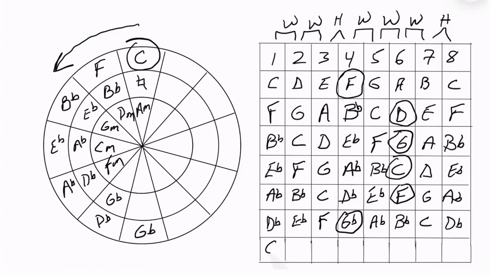So we have G flat, A flat, B flat, and our new flat will be C flat. Yikes. Then we move on, D flat, E flat, F, and G flat.